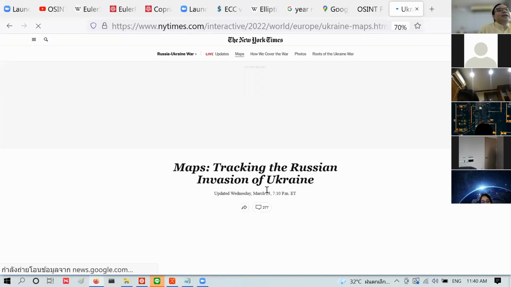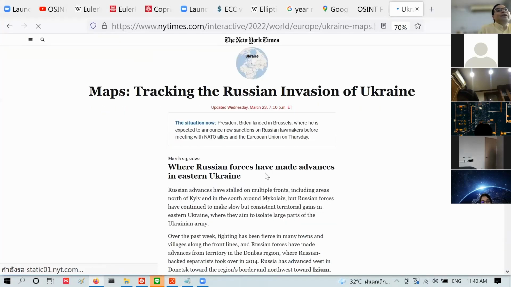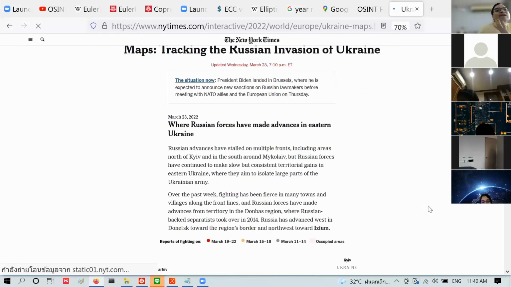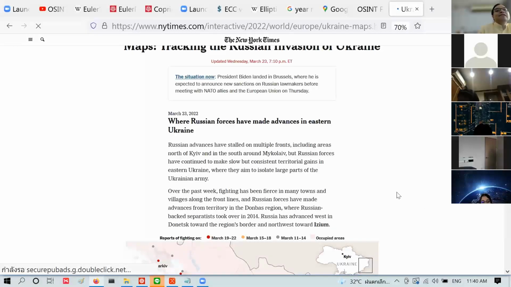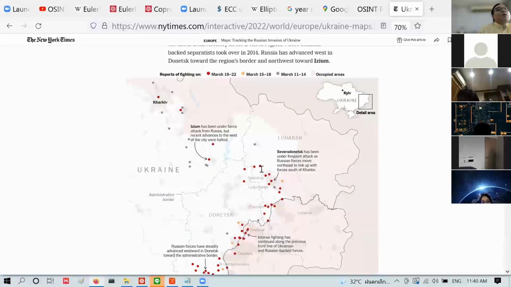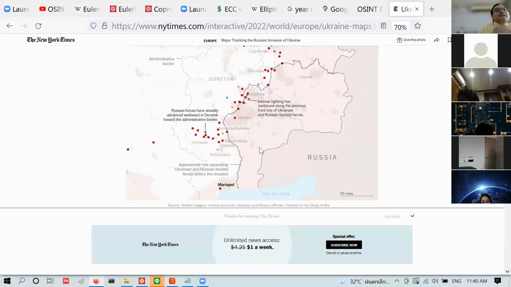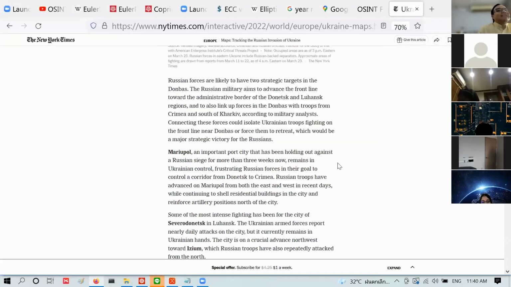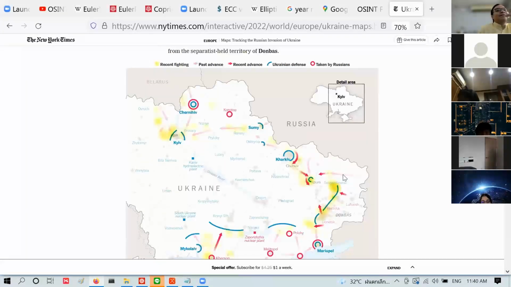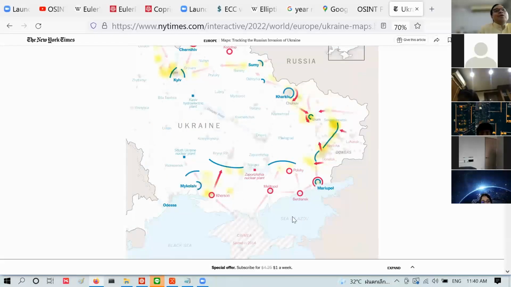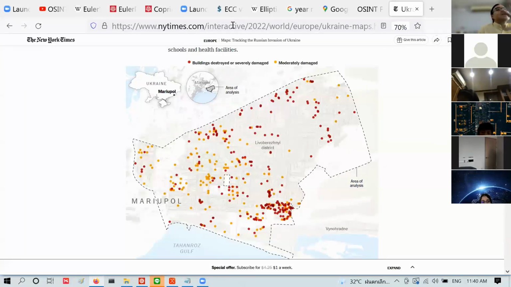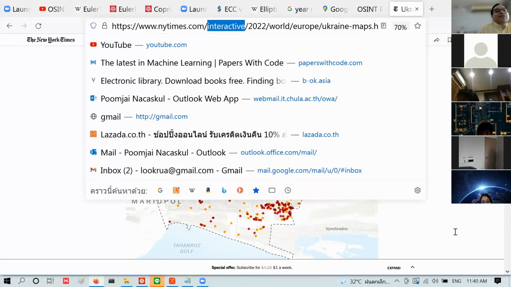You can literally read it. But this is actually secondhand information. This has already been compiled. This has already been drawn in a very nice infographic, where's the attack. So this is, say, Mariupol. This is where buildings are bombed and so forth. So the New York Times did this for you.